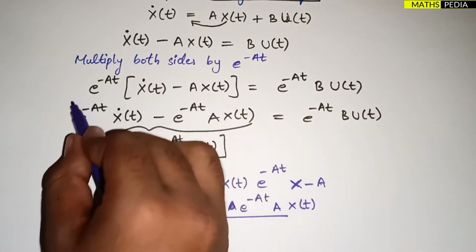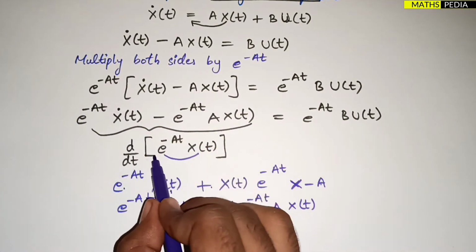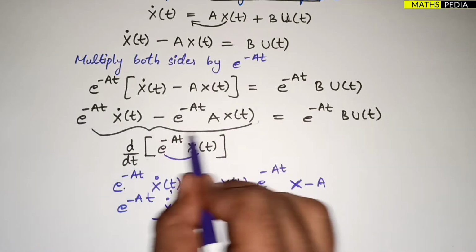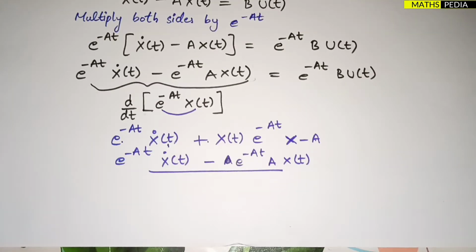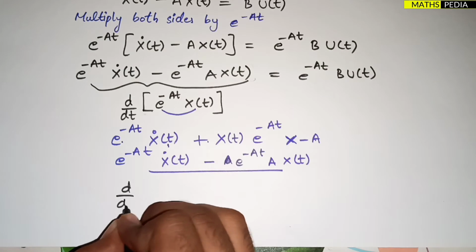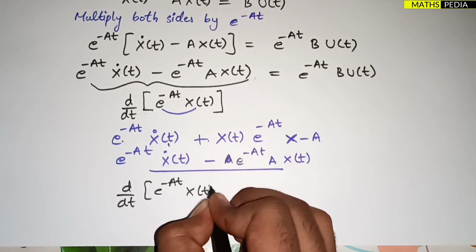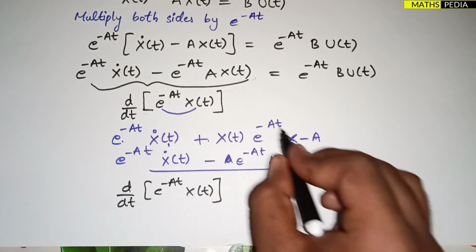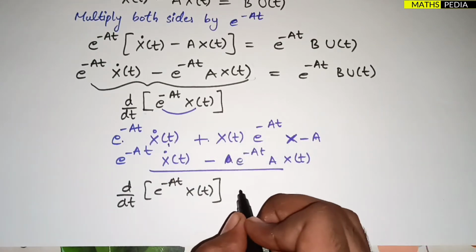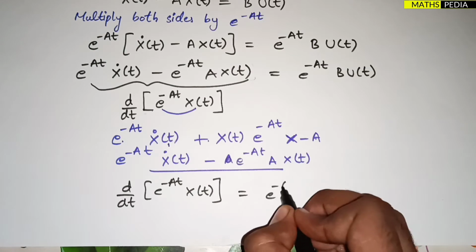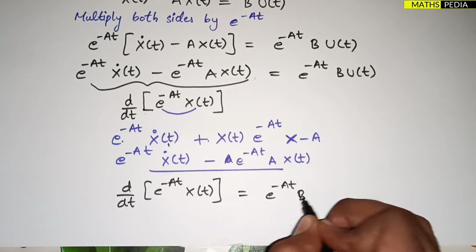This thing you remember. So in place of the LHS part, I can write this term. So the LHS part becomes the differentiation of e power minus At x of t, and you can write the RHS on the right side, which remains the same, B u of t.